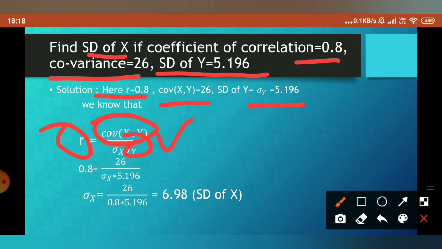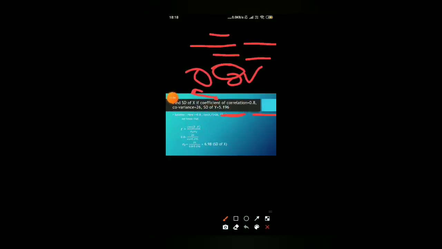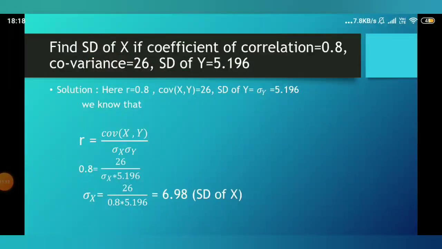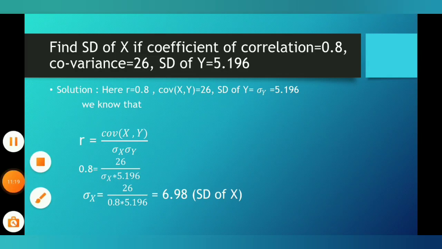The only term left is sigma x. To calculate sigma x we take it to this side and take 0.8 to the other side, and calculate with the help of a calculator. You get 6.98, which is the standard deviation of x. So this was all. I hope you understand this concept well, and you can make all the tables and calculate this. Thank you.